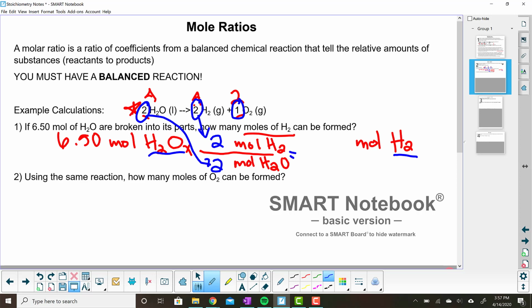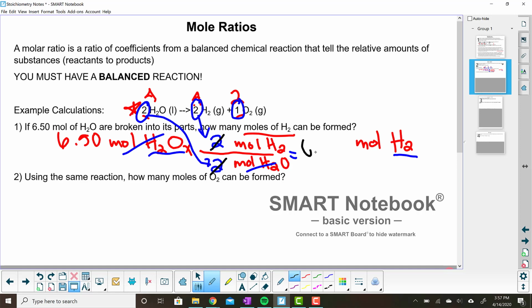So now when I solve, what I'm essentially doing is converting moles of H2O, those units cancel out, into moles of H2. Then I just need to solve. Luckily for us, if we do 6.5 times 2 and then divide that by 2, those 2's are going to cancel out. That's a nifty little math trick for us.